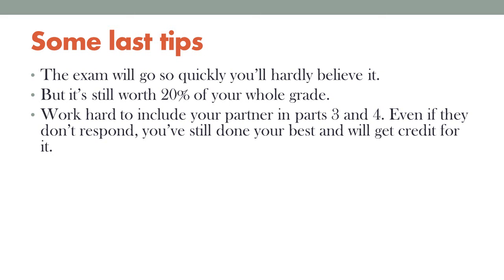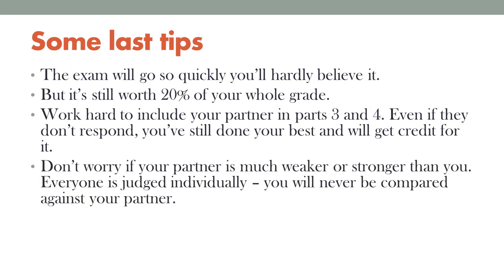It doesn't matter. As long as you try to include them, you've done your part. And don't worry about the relative strength of your partner. If your partner's a lot better than you at English or a lot worse, it doesn't matter for you, because the examiners are trained very carefully so that they look at students individually and grade specific to that person.